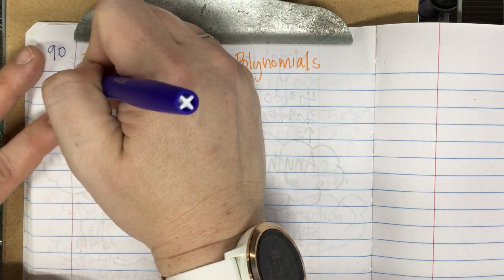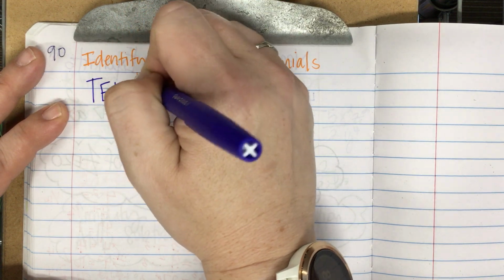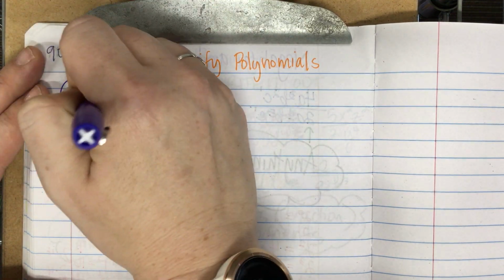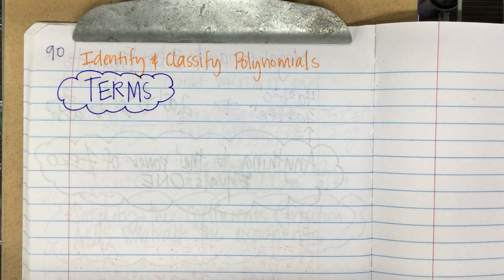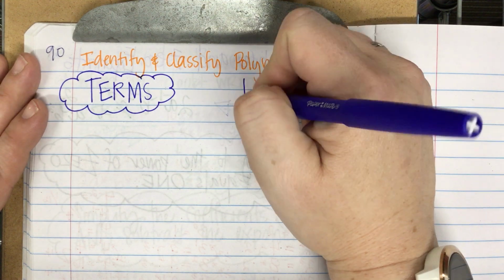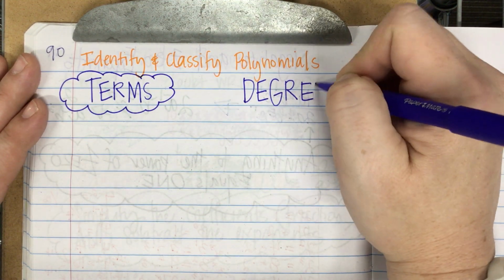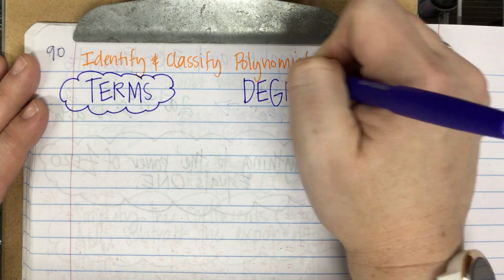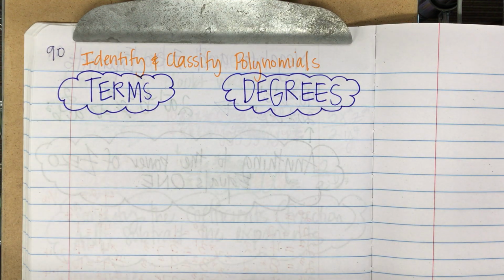You can identify or classify it by the number of terms, or degrees. So there are two names for each polynomial. There are two ways we can identify it: terms and degrees.